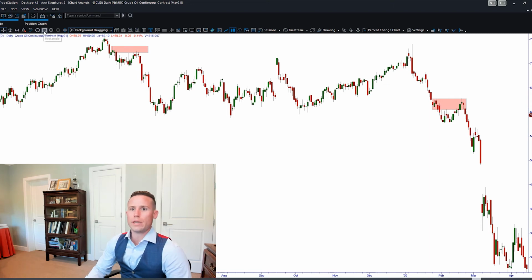Now, drop base drops and rally base rallies always tend to exist in areas of opposing demand. There's demand here, the origin of this leg, no coincidence. And you'll see this time and time again, where this supply zone happens because it happens right in front of an area of opposing demand. It has to break it.